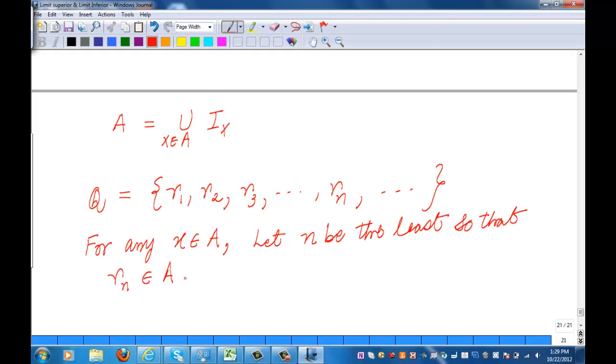Does that make sense? n is the smallest subscript. For any x, Ix is an open interval, so it has rational numbers. Among those rational numbers, I am picking the one with the smallest subscript, because I already assigned this subscript to all the rational numbers.